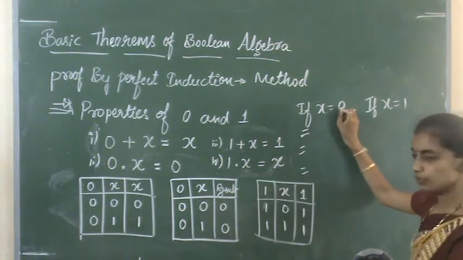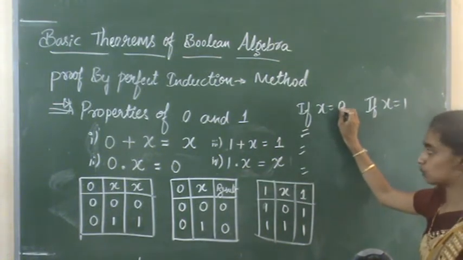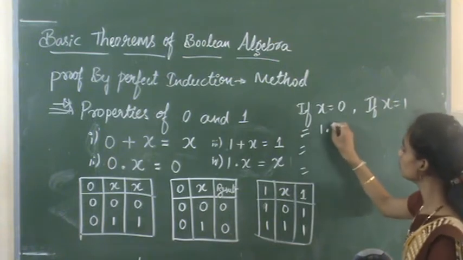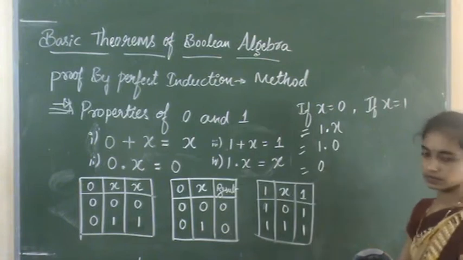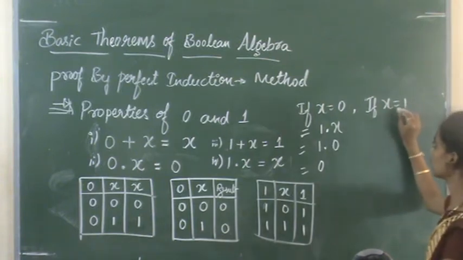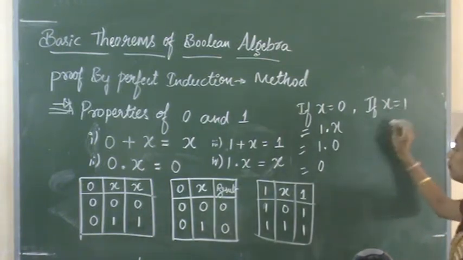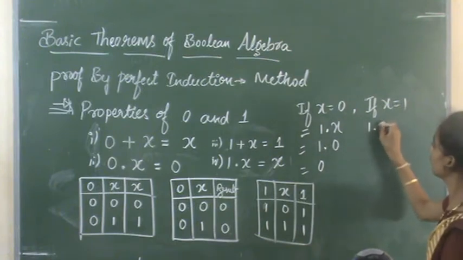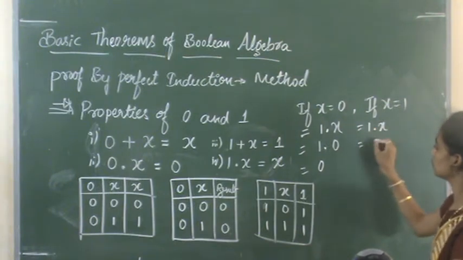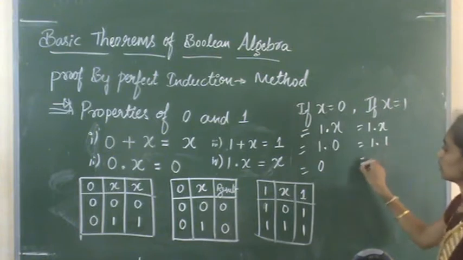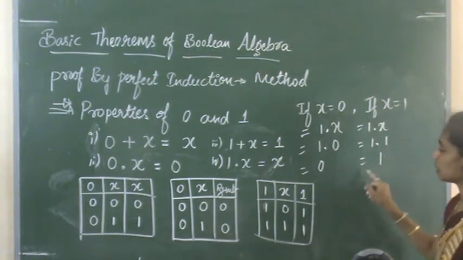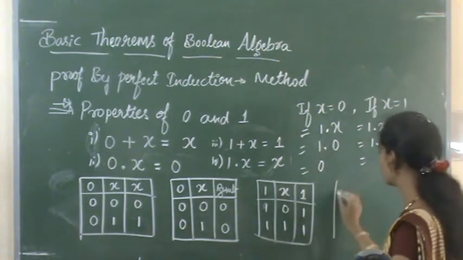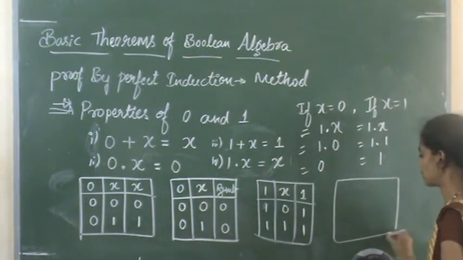If I give x value 0, so 1 into x, that is 1 into 0, 0 into anything is 0 only. If I give x value as 1, 1 into x, so 1 into 1, that is 1. So whatever x value we provide, that will be the output for that expression, right?